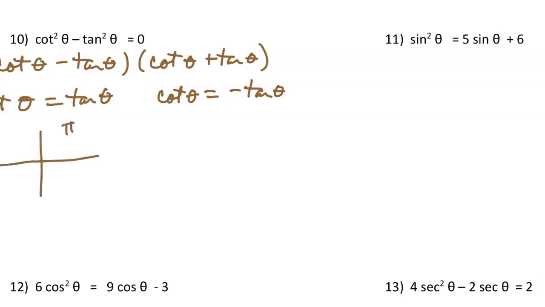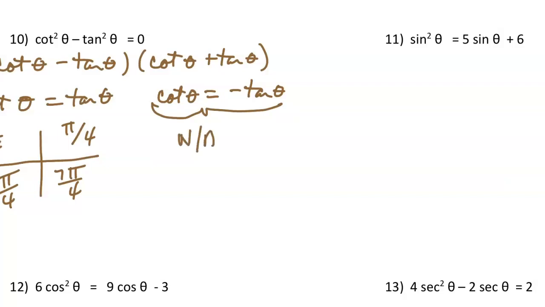They'll both be positive here. They will both be negative here. They're both positive here. And they're both negative here. Those are your answers. Never, ever, if they're reciprocal functions, could they have different signs. So there's no answer from that factor.